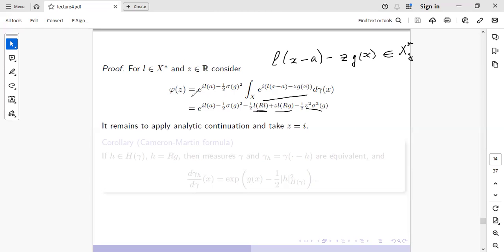If we take the value of this function when z is equal to i, we will get e^{i L(Rg) + ia - 1/2 LRL}.